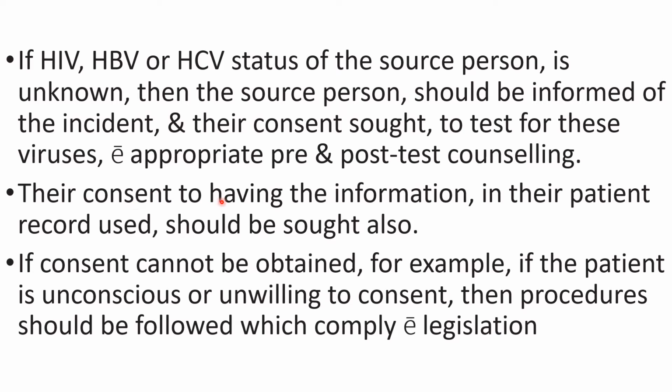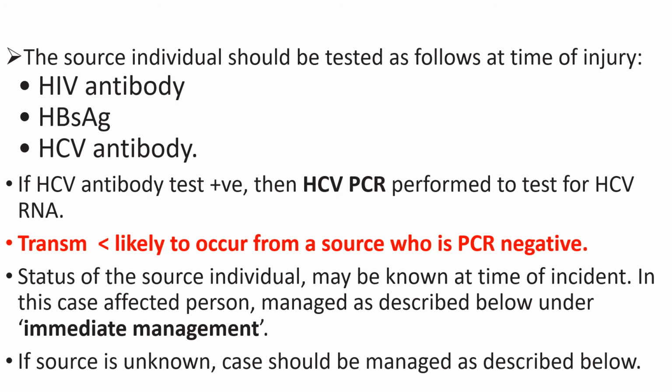Their consent to have the information in their patient record used should be sought also. If consent cannot be obtained, for example if the patient is unconscious or unwilling to consent, then procedures should be followed which comply with legislation.